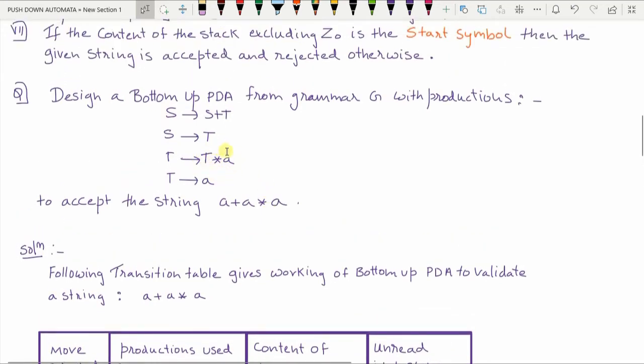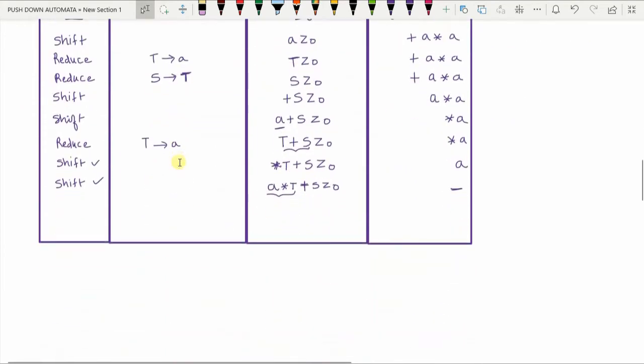Yes. So now I can reduce T into A to T. I will now use a reduce action, and the production that I am going to use is T gives T into A. So T into A, I will be replacing it with T plus S Z naught. Again there is nothing remaining to be read.